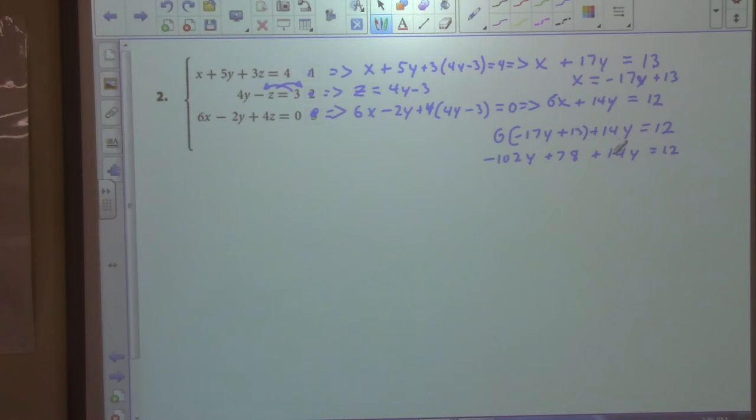And then combining these like terms, the y's, is that going to be negative 88? So negative 88y plus 78 is equal to 12. And then subtract 78.